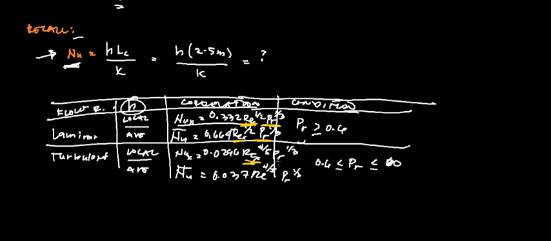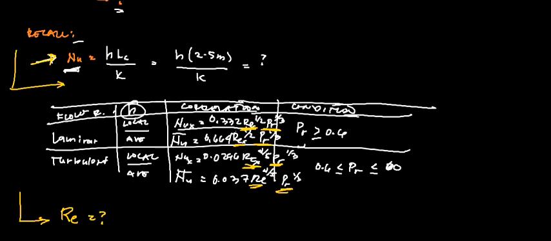That is true for all these conditions or correlations. So how can we determine those values? Let me search first for these conditions. To determine the flow, we need to know the Re, or the Reynolds number.